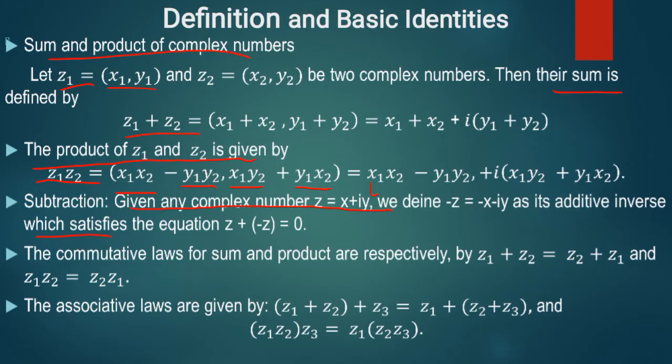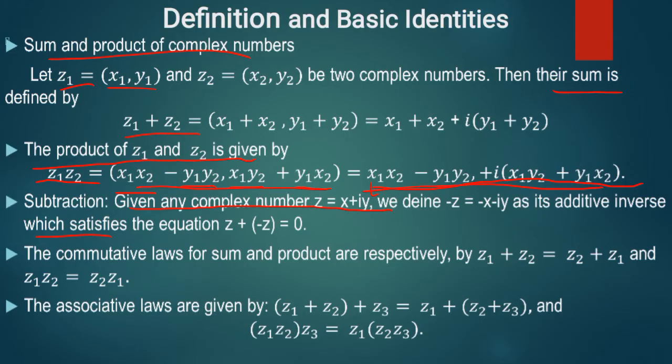Meaning that if it takes the form that I had written before, that is z1 equal to x1 plus iy1, and z2 equal to x2 plus iy2, you get this value here. You can try it on your own: write it out, multiply, and see that you get this value using this rule.